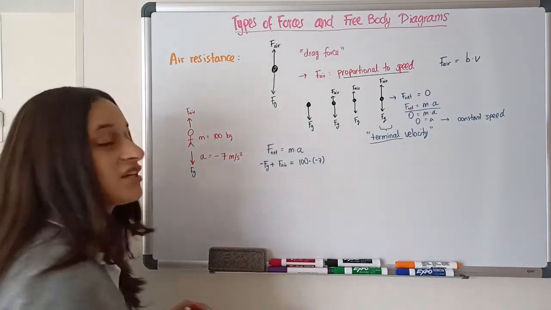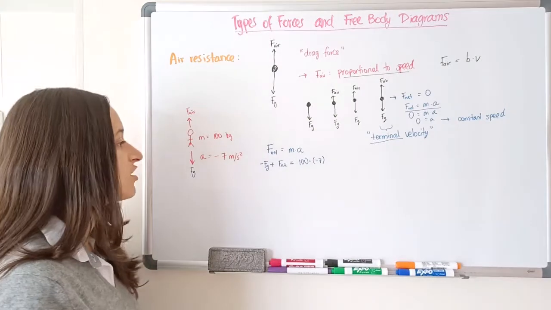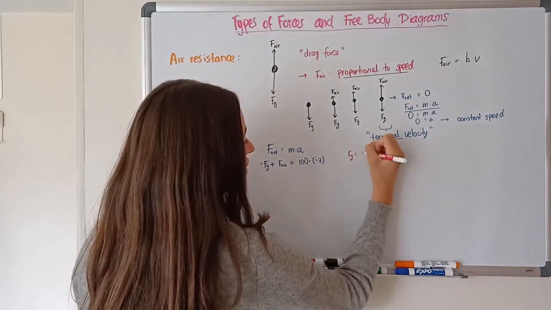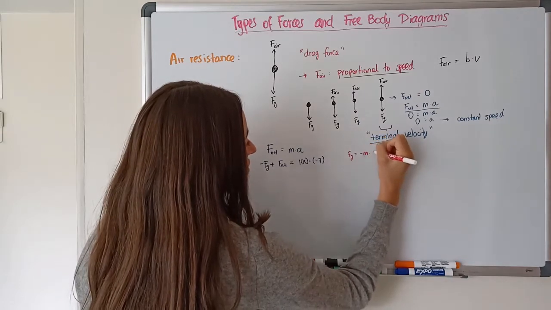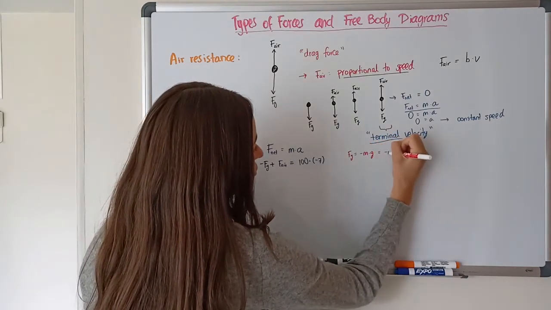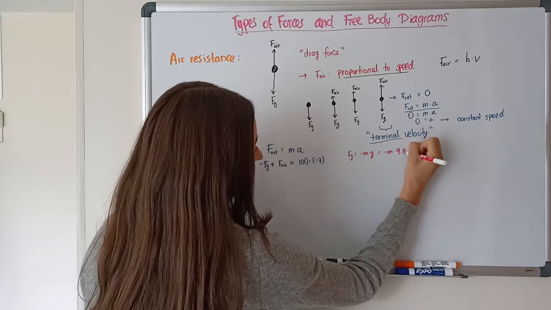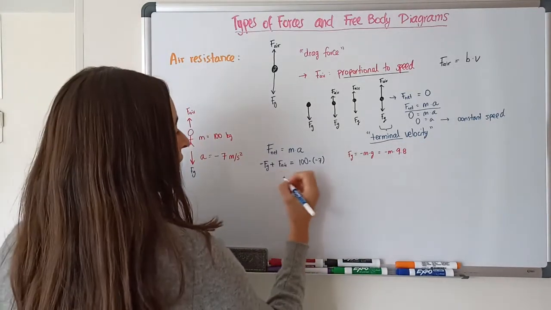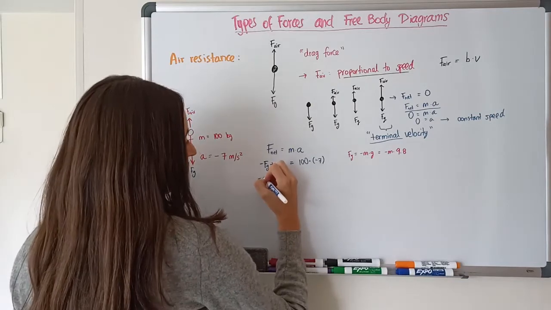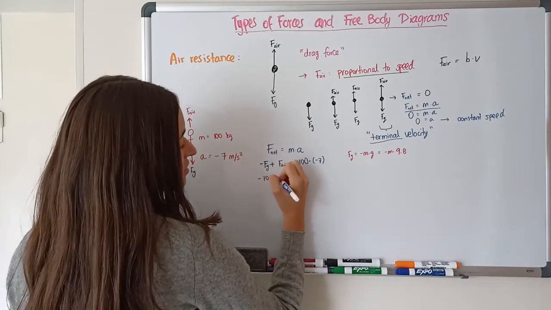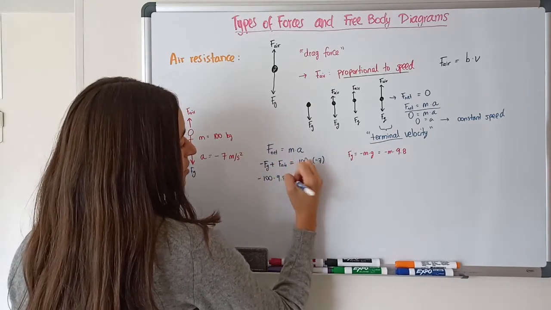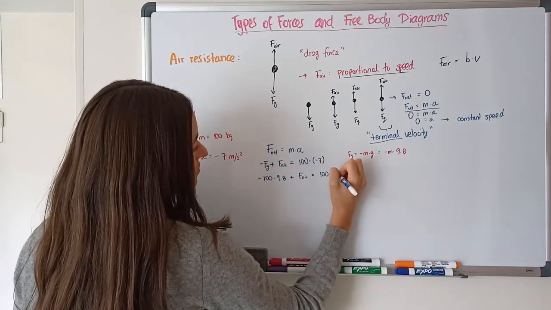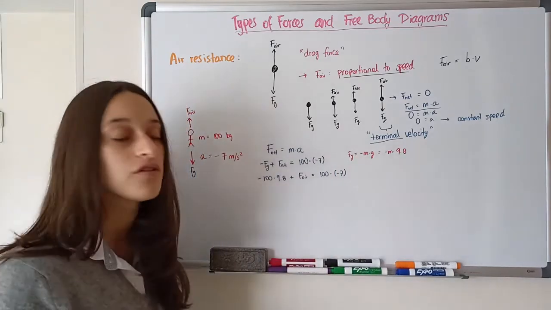So for the force of gravity, you can never forget that the force of gravity, or the weight, has the equation F gravity equals -m times g, which is equal to -m times 9.8. We know that g is 9.8. So we can put that into our equation and we get -100 times 9.8 plus F air equals 100 times -7. And now we just have to solve the equation.